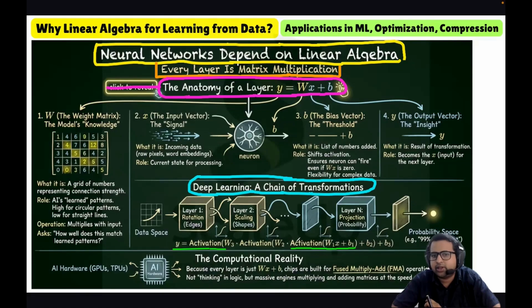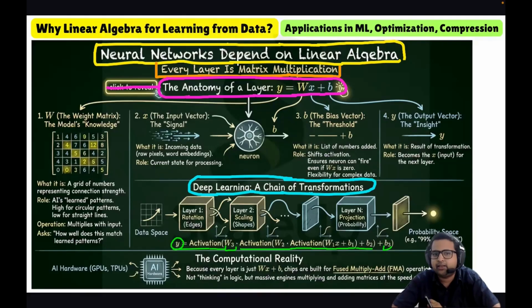Passing it through an activation function gives the result of the second layer, which becomes the input for the third layer, where we multiply with W3, add b3, and pass it through the activation function to get the result. Once all the layers have been covered, we get the final output. So that is what a chain of transformations is.